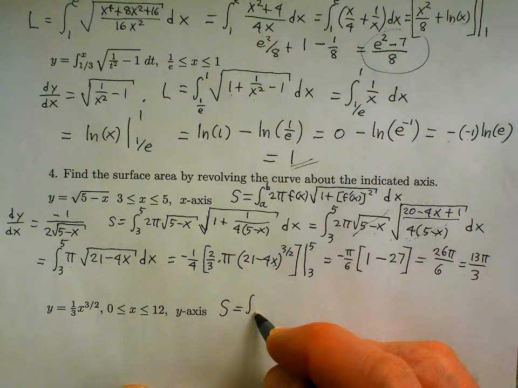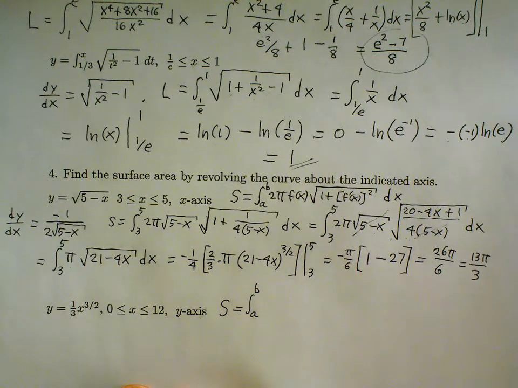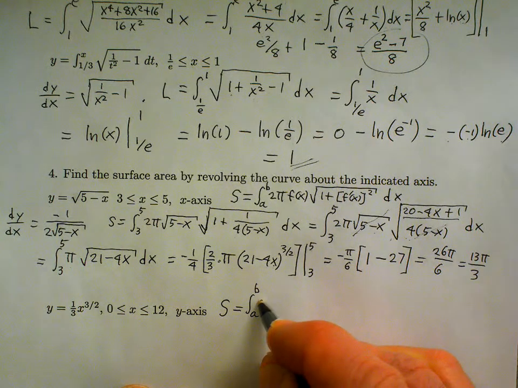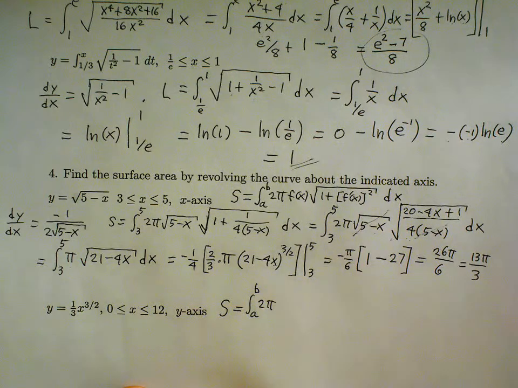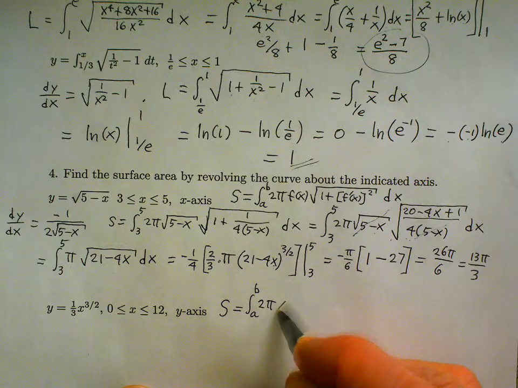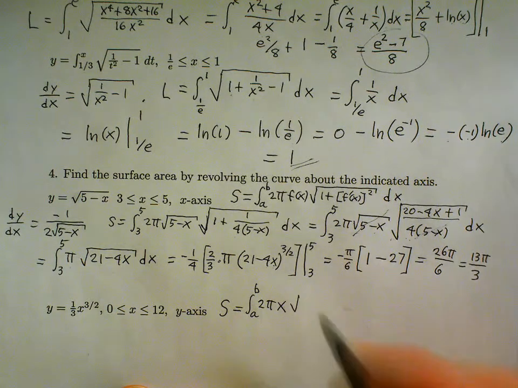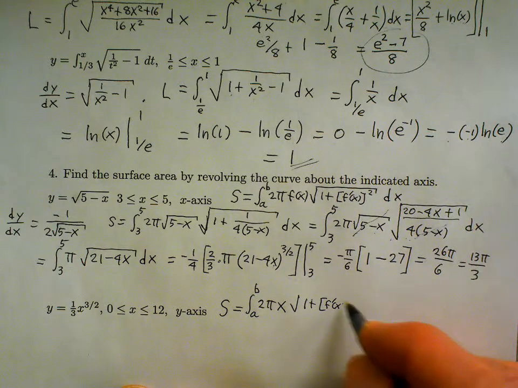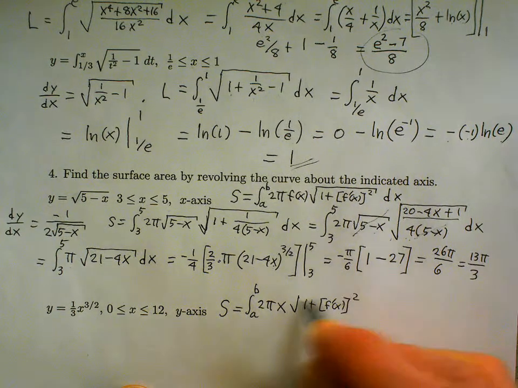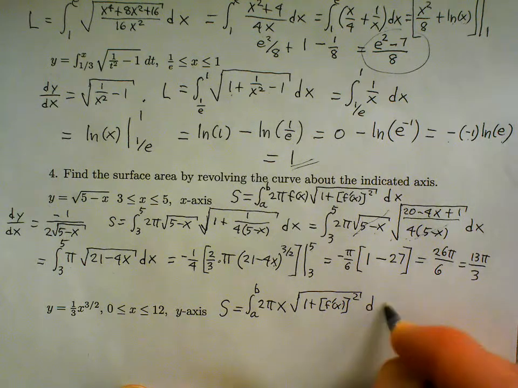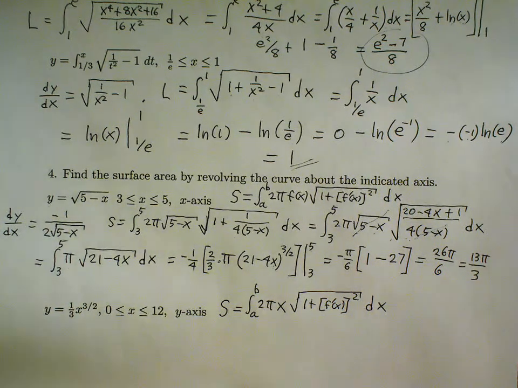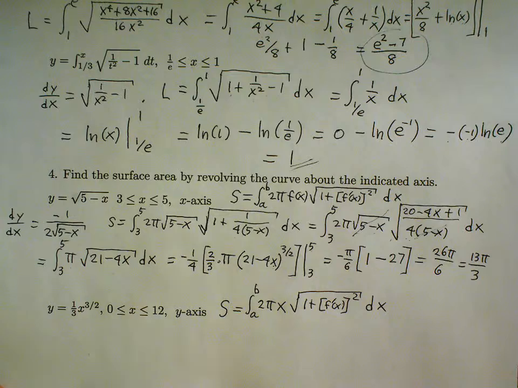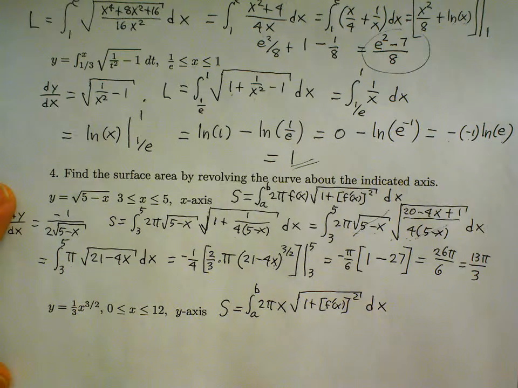The integral from a to b of 2 pi, and instead of writing the function of x, we write the variable x, times the square root of 1 plus the square of the derivative.